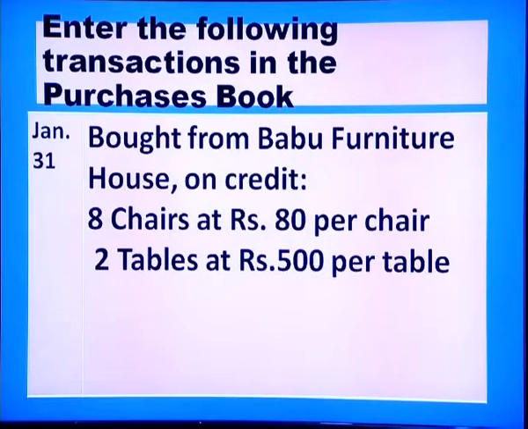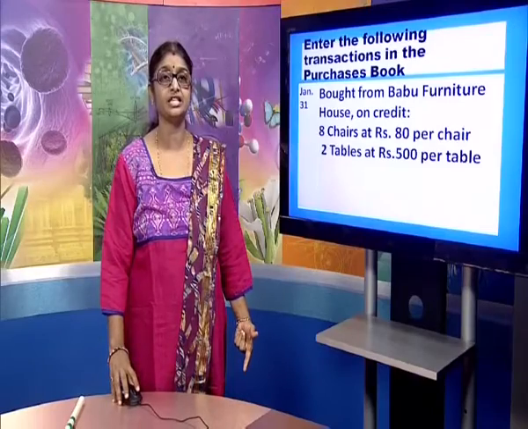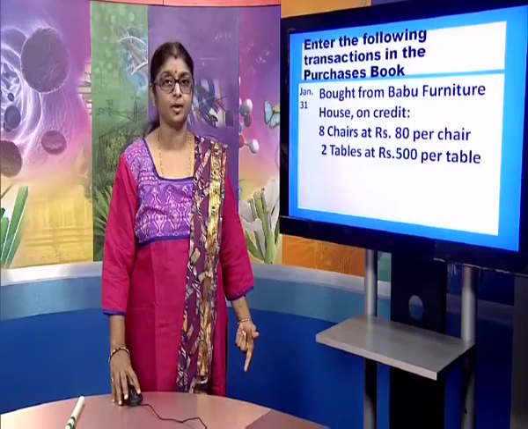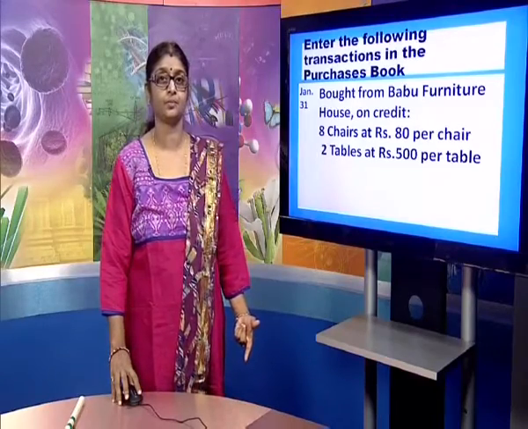The next item in this question is bought from Babu Furniture House 8 chairs and 2 tables. It will come as an asset. So, I have mentioned that assets will not be recorded in the purchases book. Asset purchase will be recorded in the journal proper. So we will not include that item in the purchases book.